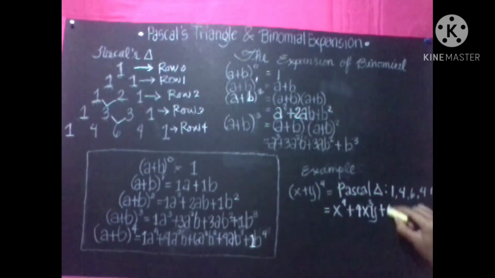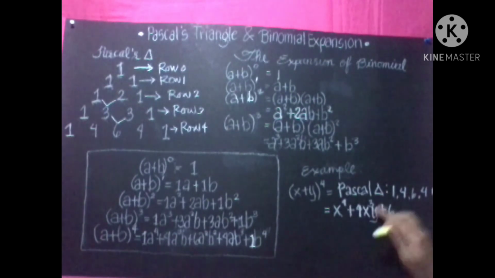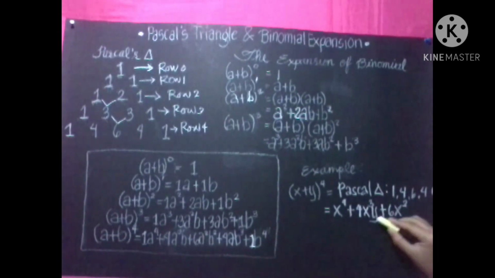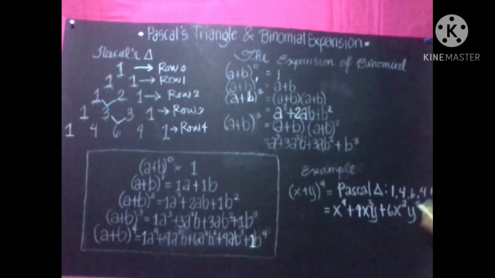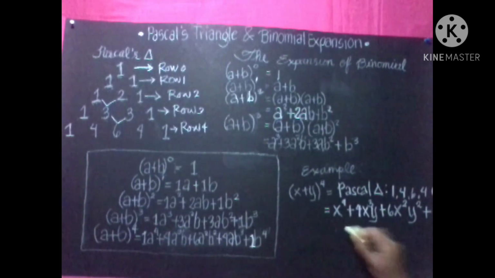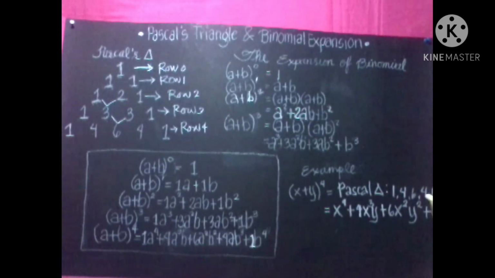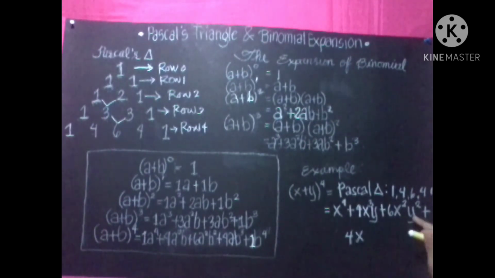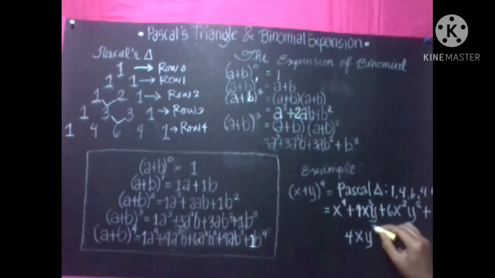Next is 6. As x goes down again, x squared, and y goes up, so it is y squared, plus. Next coefficient is 4. As x goes down again, x, and y goes up, y cubed, plus.